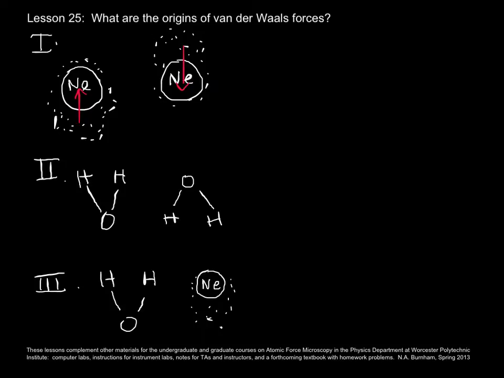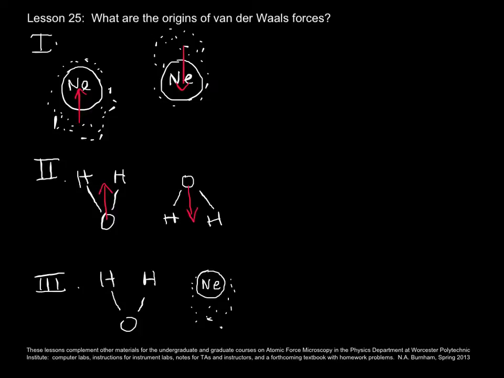We also have rotating permanent dipoles, such as two water molecules. If they can flip back and forth, they don't do that at 10 to the 14th times per second, but nonetheless, water molecules do jostle around, and the dipoles change orientation.